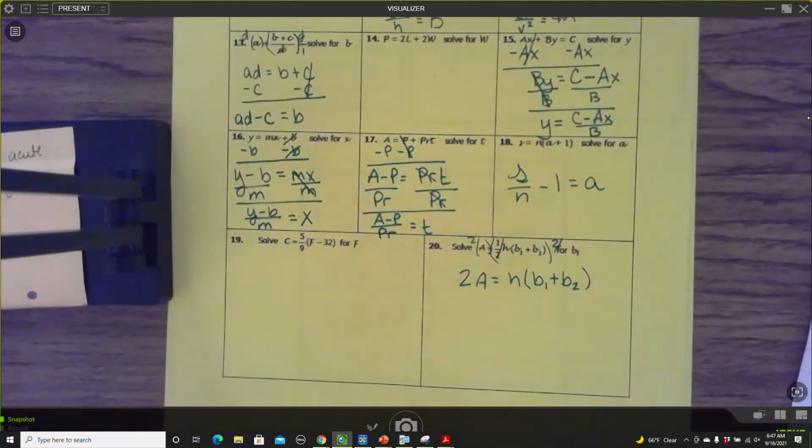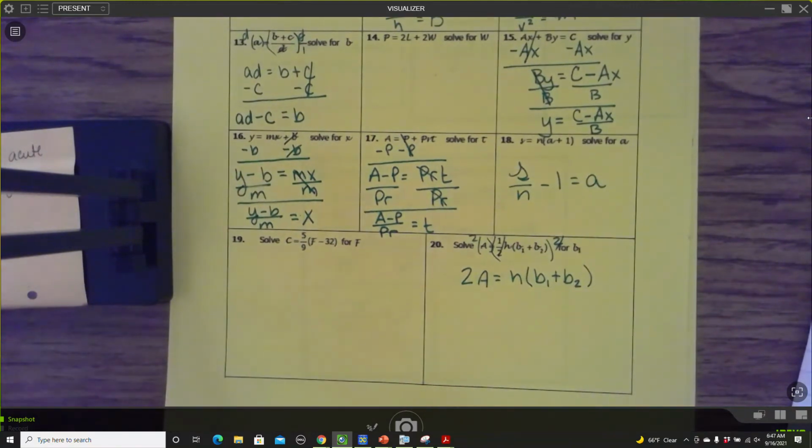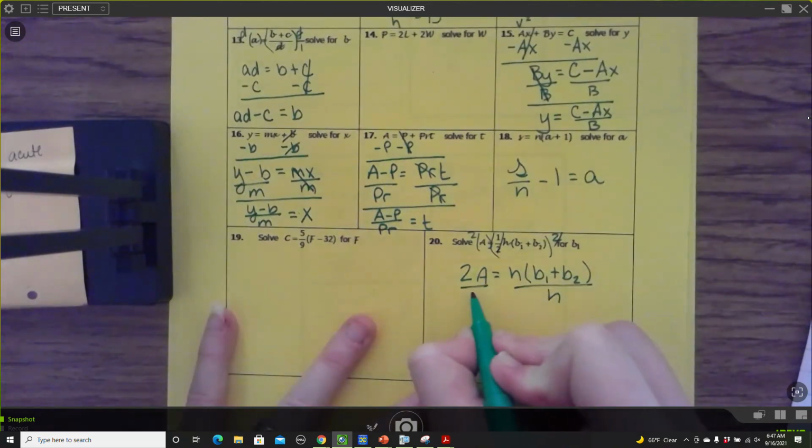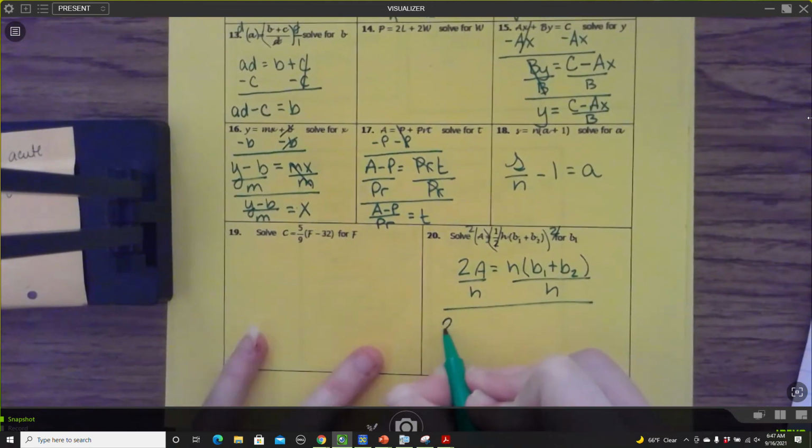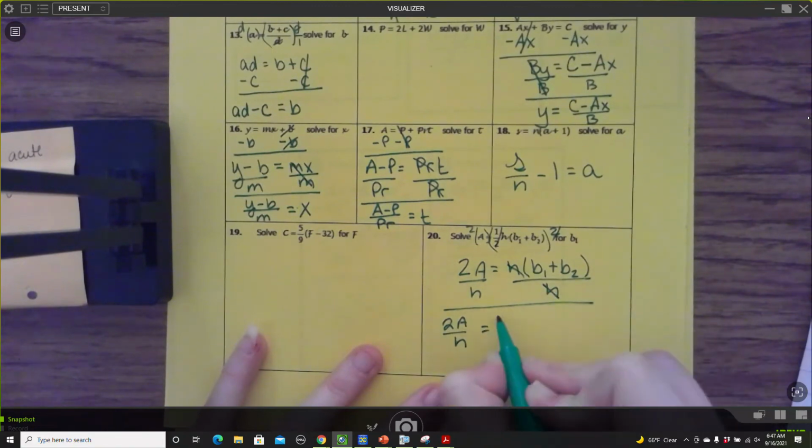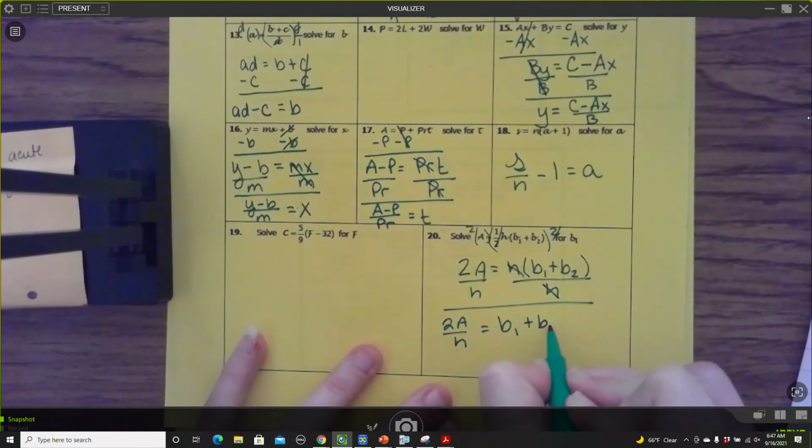This is another one with parentheses where there are multiple ways you could work it. I'm just going to go ahead and get rid of that h, so I'm going to divide both sides by h. 2a divided by h. H is canceled. b1 plus b2.